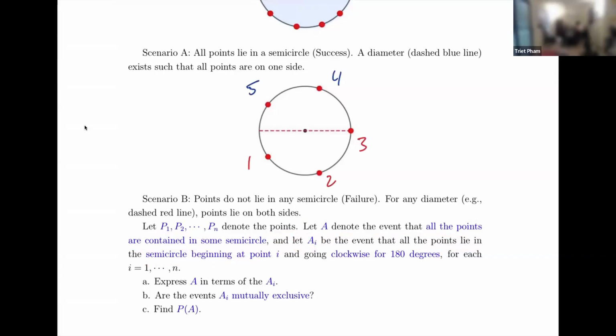So you draw a diameter beginning at point i and going clockwise. Clockwise is this direction, so basically it is this. And you see the benefit here of having the clockwise direction, and this is actually a very clever move.